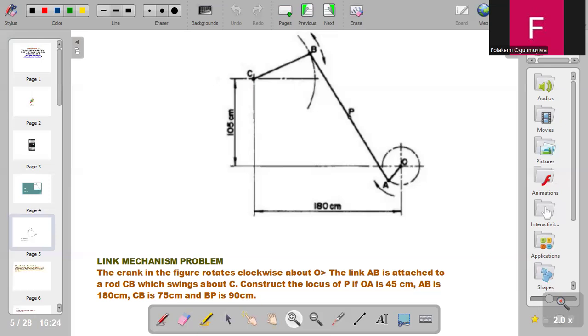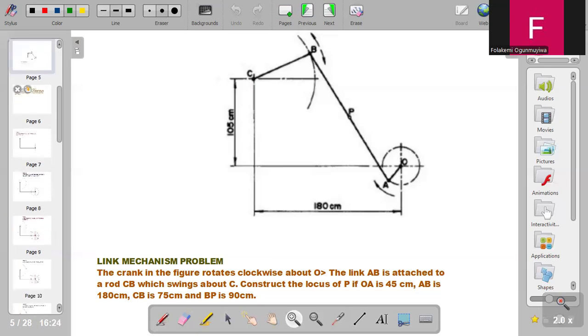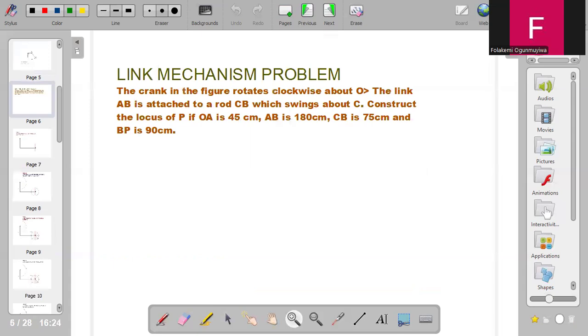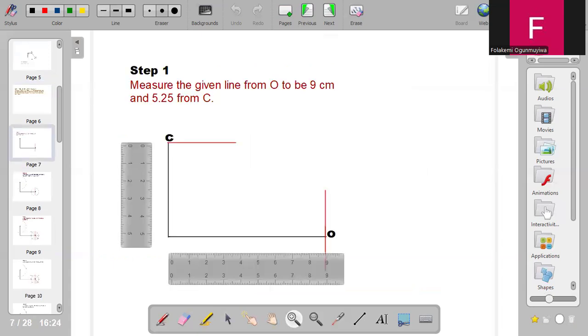We have OA given as 45. We have a distance from point O to this point as 180, and from CB to this point as 105. So for this drawing, we are going to use a reduced scale. We are going to reduce all our measurements. We are going to divide them into two because it's a very big scale.